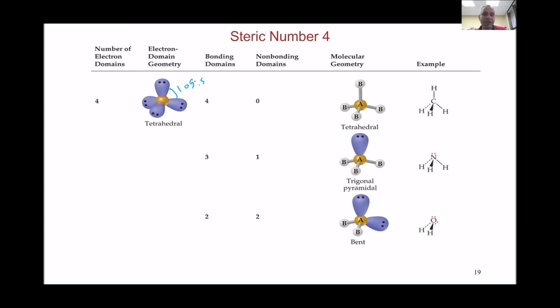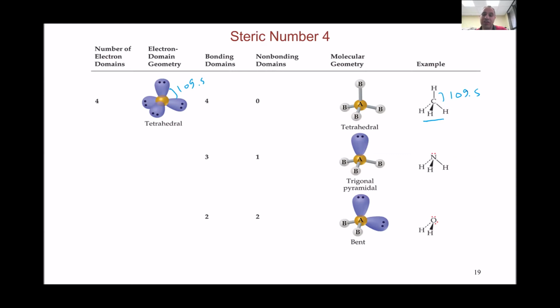If all of these 4 orbitals are used for bonding, the molecule will assume the same shape, a tetrahedral shape. An example for that is methane, with an angle between the hydrogen atoms of 109.5 degrees.